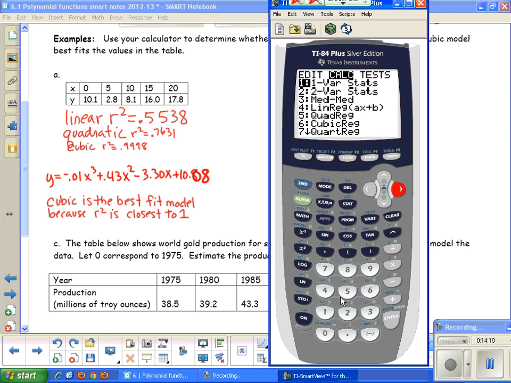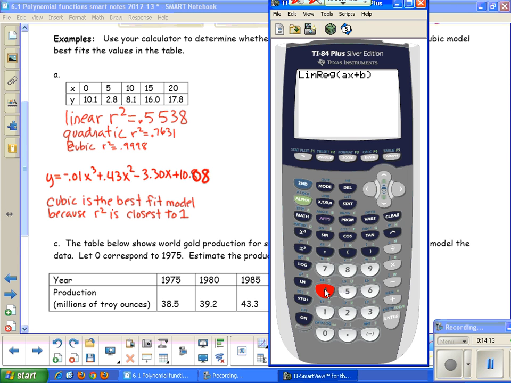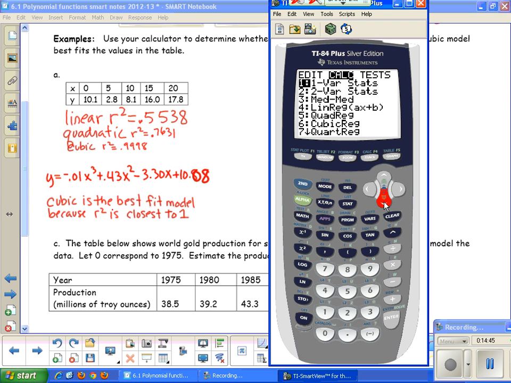So stat, calculate, number 4. If I go to vars, y1, oops. Let's try that again. So vars, y vars, function, y1, enter, and that puts it in my y equals right there. Now I'm going to enter the quadratic equation into my y2, so stat, calculate, quadratic.